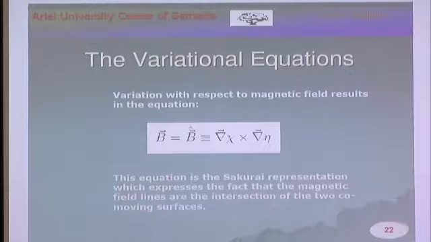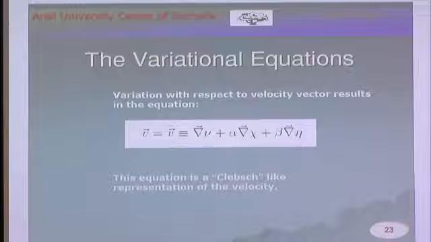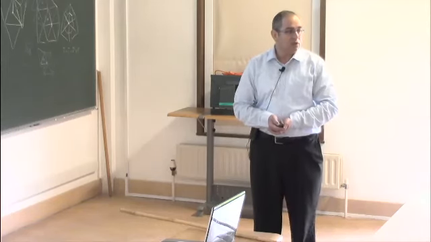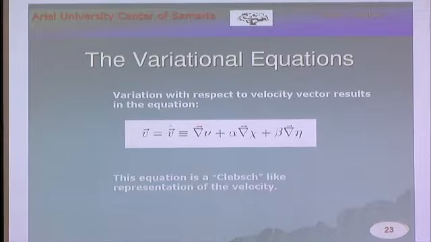And of course, when you do the variation with respect to the field, you get this equation, which is just Sakurai's representation of the magnetic field. If you do a variation with respect to the velocity, you find this equation, which reminds one of the representation by Clebsch in standard fluid dynamics, but it's more generalized.